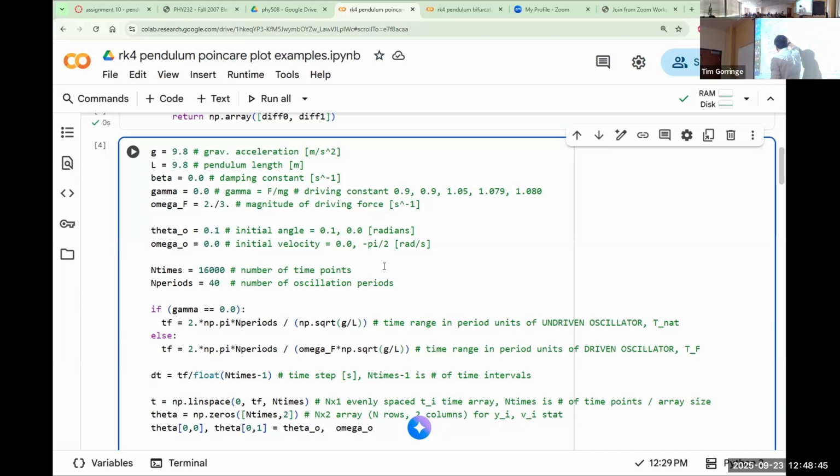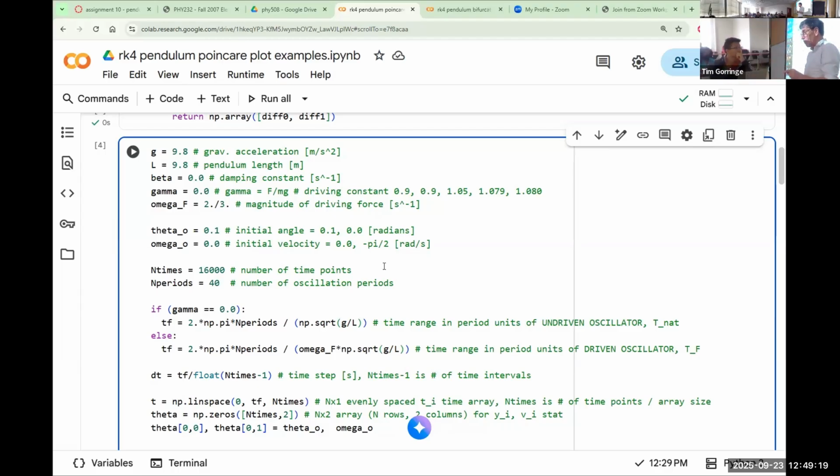I think this bit's a little bit new. I'm going to make plots of the phase space and Poincare section plots for a certain number of natural periods of the pendulum, if I don't have a driving force.